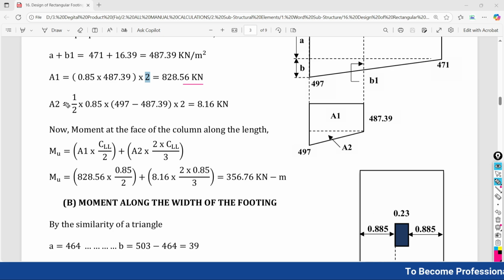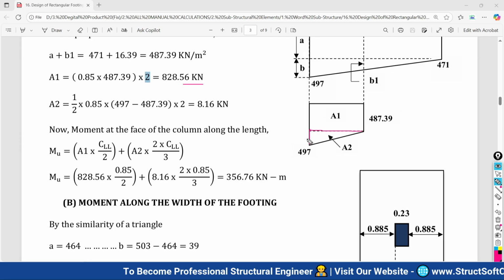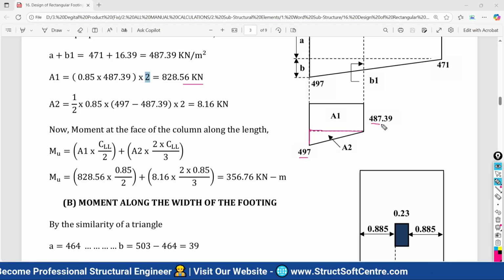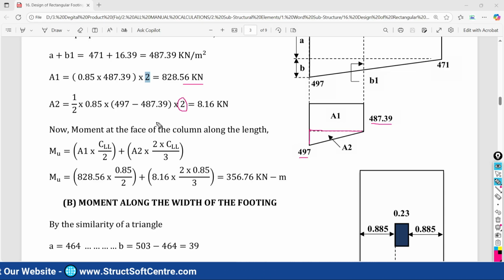Second, area A2, that is what? A triangle. The triangle formula you know very well: half base, which is 0.85, multiplied by the triangle height. How can you calculate this? 497 minus 487.39, and this again is multiplied with the width of the footing. So finally we get the A2 value as 8.16 kilonewton.